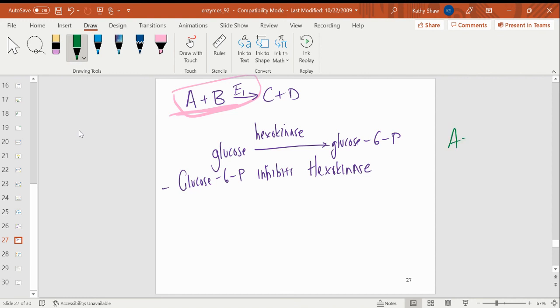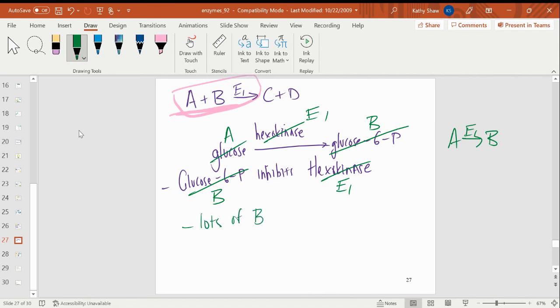I like A goes to B with E1. That's what I'm used to seeing. That's what I practiced with when I was studying and everything. I'd go A, I'd go B, I'd go E1. So now it turns into what we just had. Lots of B inhibits E1.